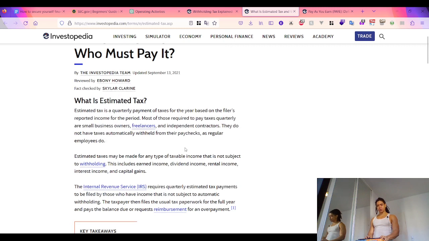Again, quarterly, you have to pay taxes based on your income. Most of those required to pay quarterly are small business owners, freelancers, and independent contractors.